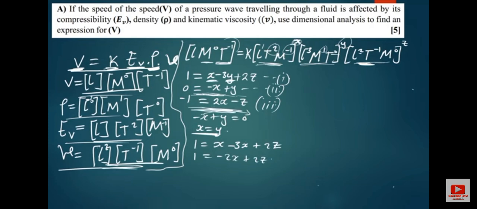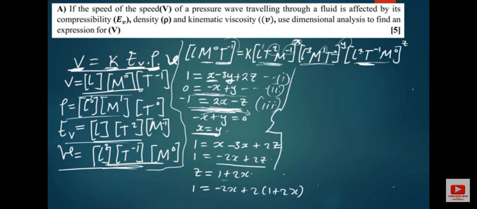So we can make z the subject of the formula in this equation, and z is simply going to be equal to 1 plus 2x. So while there is z in this equation, I'll put 1 plus 2x. So I'm going to have 1 is equal to -2x plus 2 times (1 plus 2x).